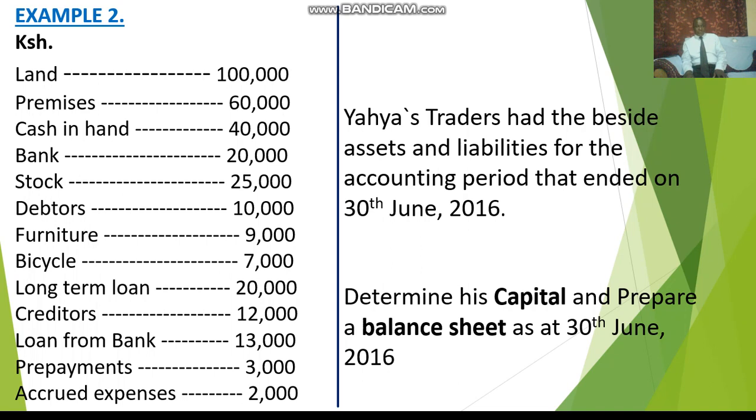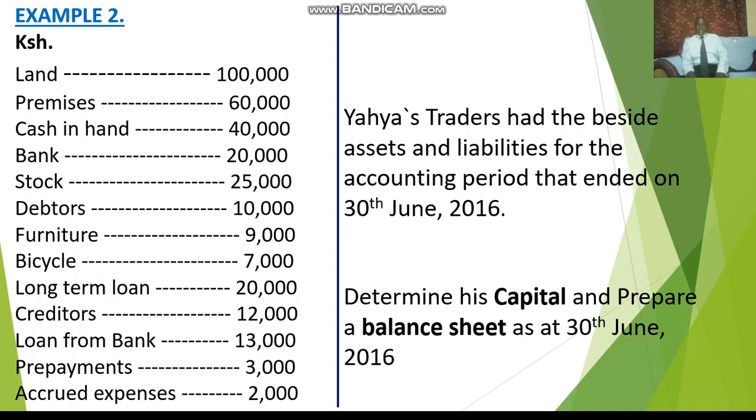In example 2, we have land 100,000, premises 60,000, cash in hand 40,000, cash at bank 20,000, stock 25,000, debtors 10,000, furniture 9,000, bicycle 7,000, long-term loan 20,000, creditors 12,000, loan from bank 13,000, repayments 3,000, and accrued expenses 2,000.